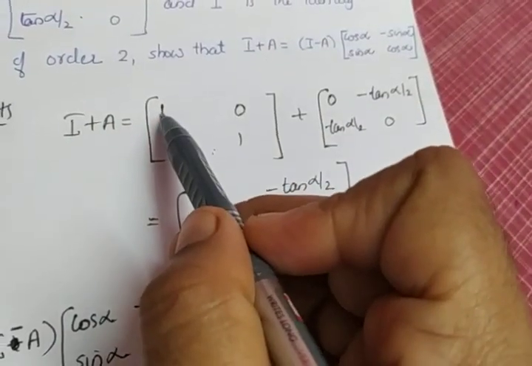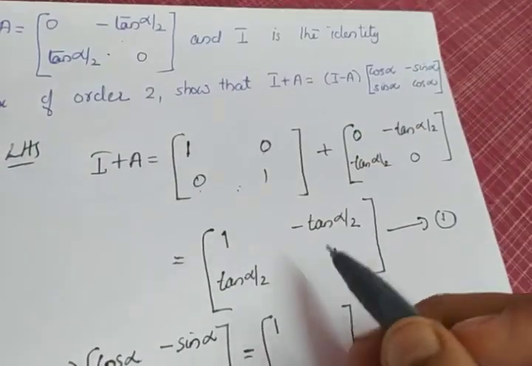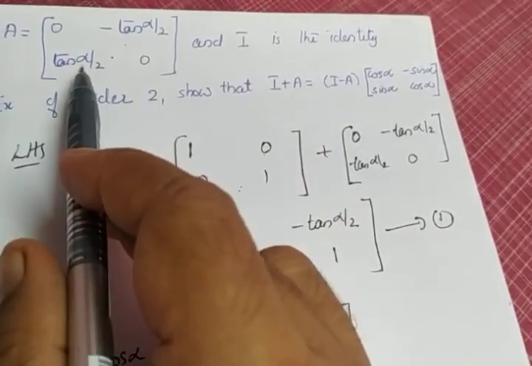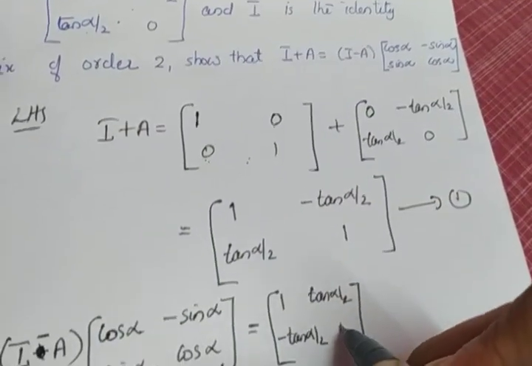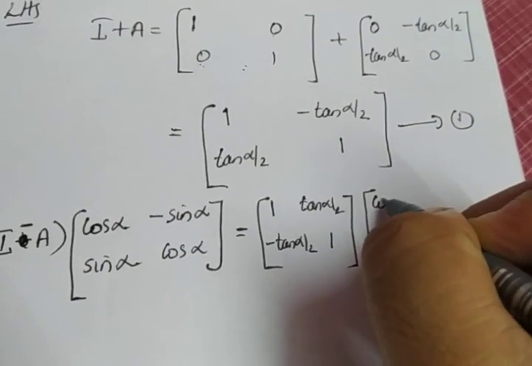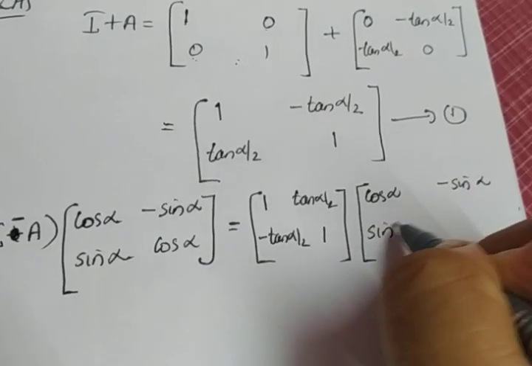So what will be the value? 1 minus 0 which gives you 1. Again 0 minus tan alpha by 2 which gives you minus tan alpha by 2. Again 0 minus minus tan alpha by 2 which is tan alpha by 2. And 1 minus 0 which gives you 1. This is just I minus A into one more matrix, [cos alpha, minus sin alpha; sin alpha, cos alpha].